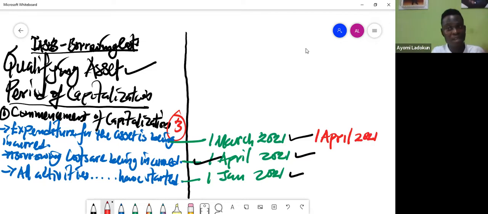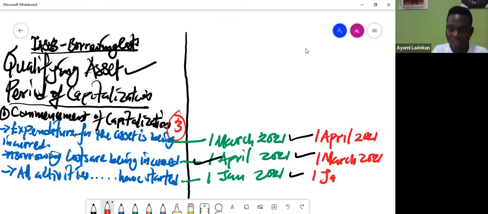That means I started buying cement and employing laborers 1st April 2021. Meanwhile, I borrowed money 1st March 2021. Did you see that? I borrowed money earlier, 1st March 2021. Then all activities, clearing, permission and all of that, I already got 1st January 2021.